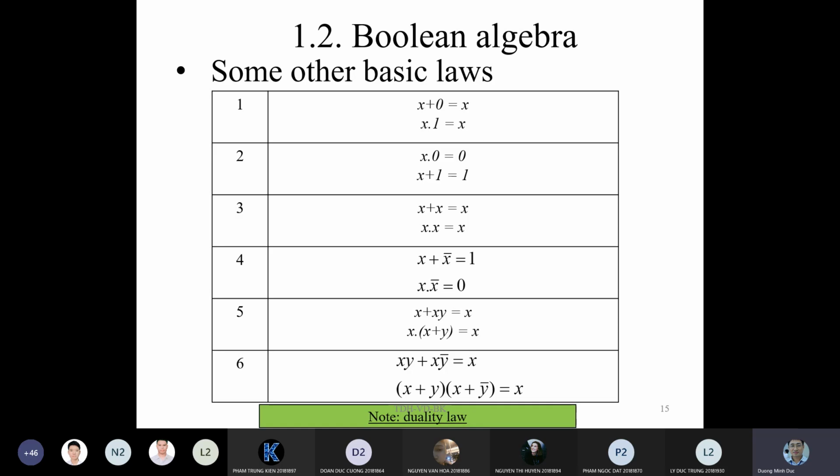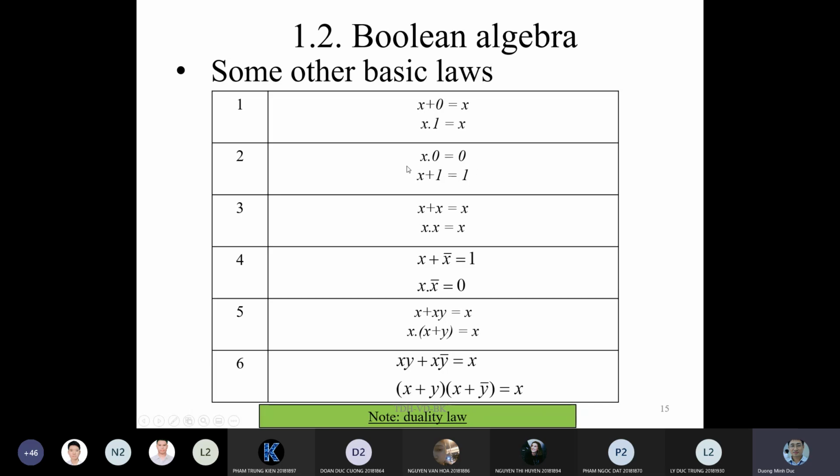Okay, so let's see the second property, second law. x multiply 0 equals 0. So the duality of this expression: multiply is replaced by plus, 0 replaced by 1.